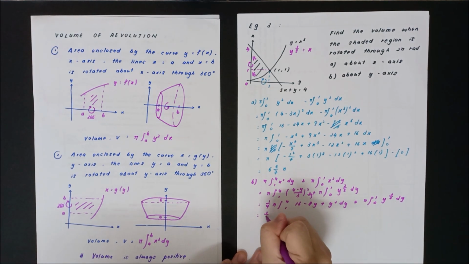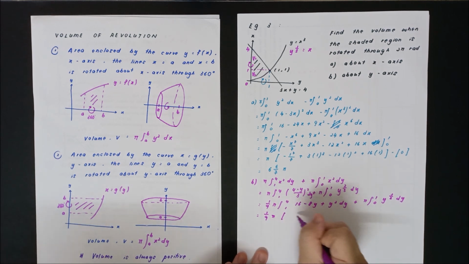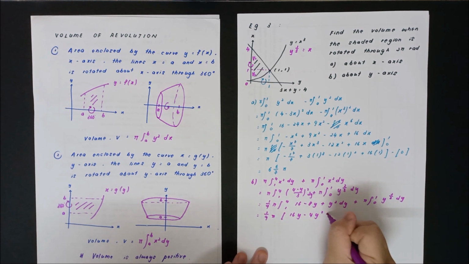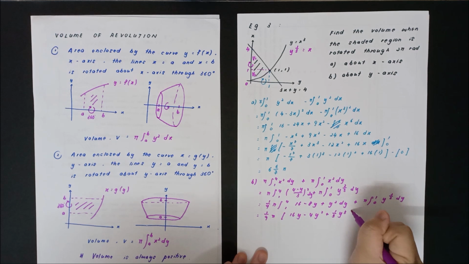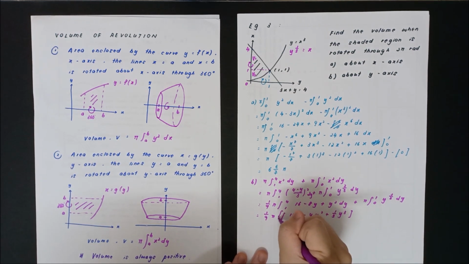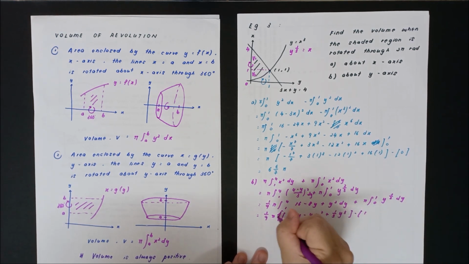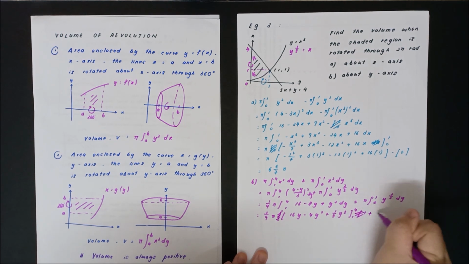Okay, then now I can start my integration. Oops, I'm sorry. 4, 1, plus pi.